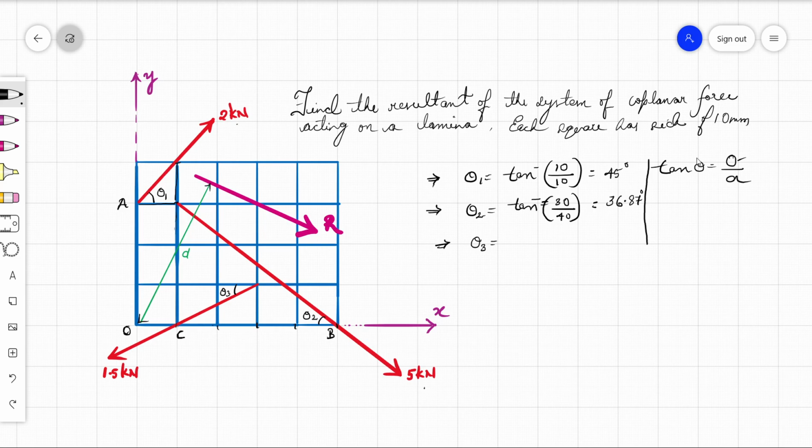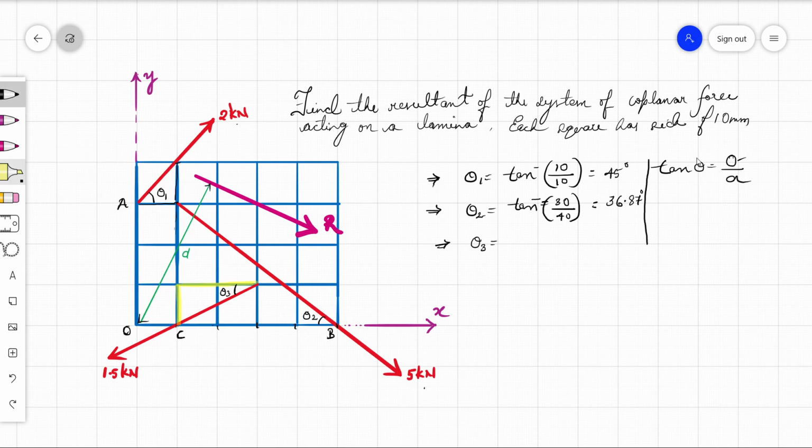Okay. Then the last is theta 3. For theta 3 we have the distances as such. Over here, this is a distance and this is a distance. This is the adjacent one and this is the opposite. Okay.